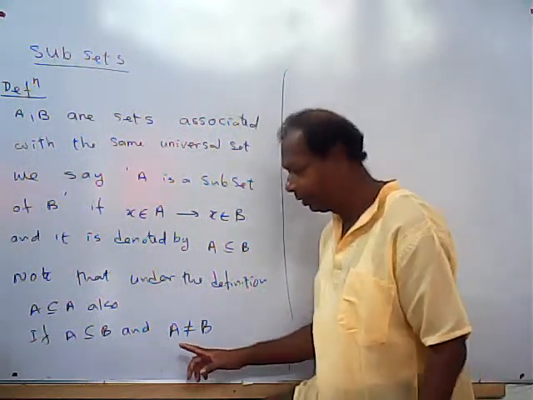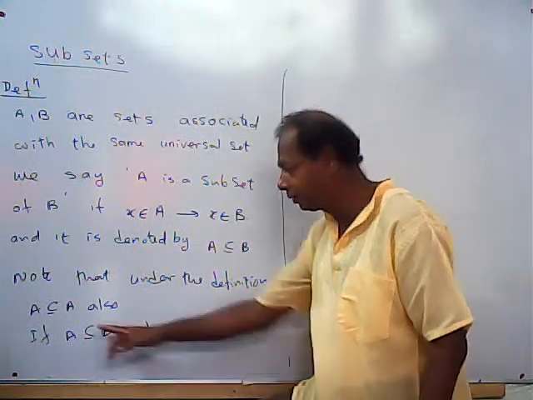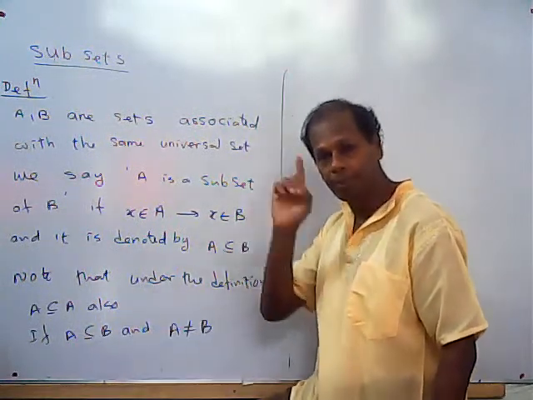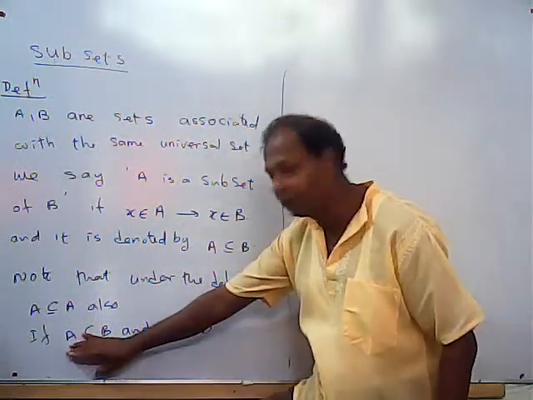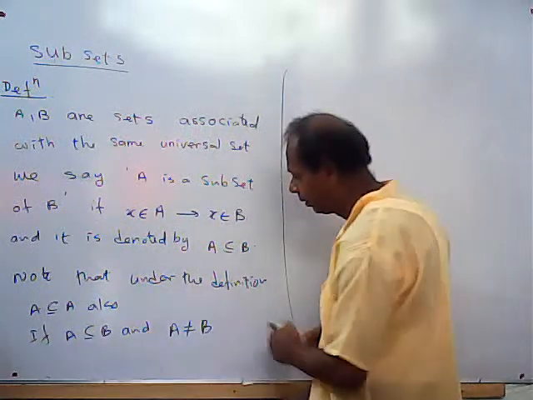We say if A and B are not equal, but A is a subset of B, we say A is a proper subset of B. In that case, you can drop this equal, right?